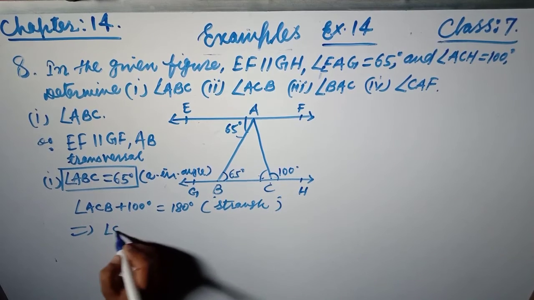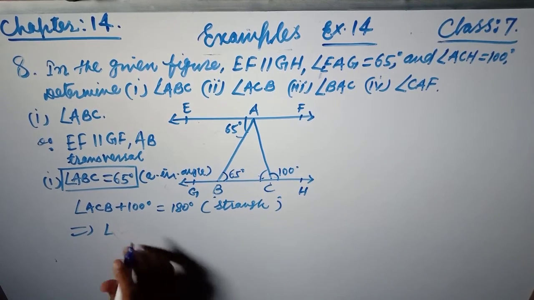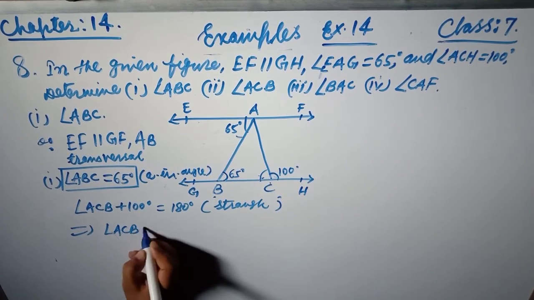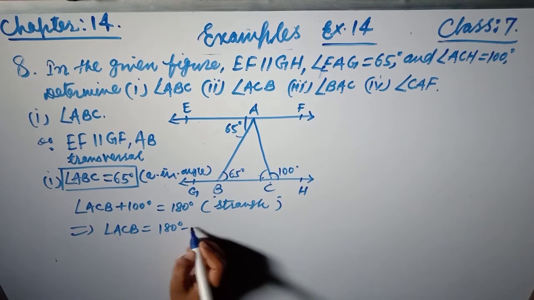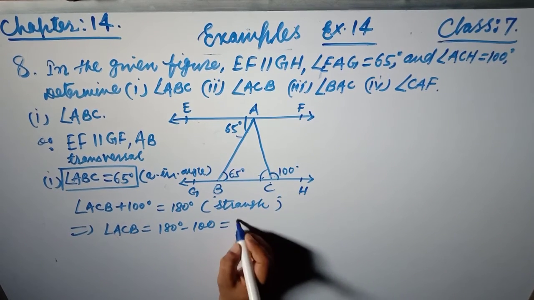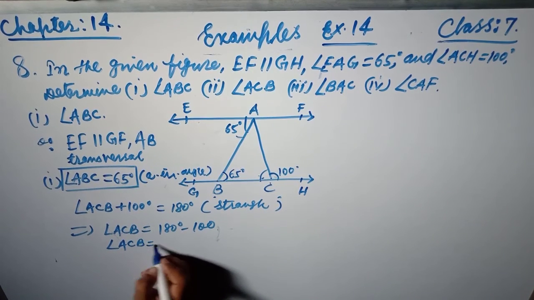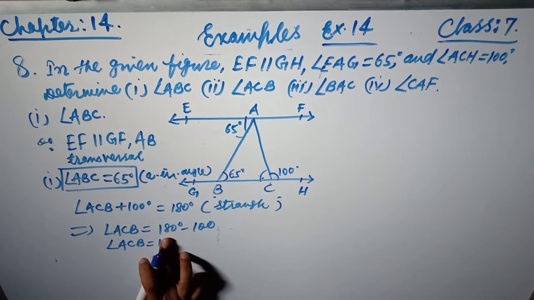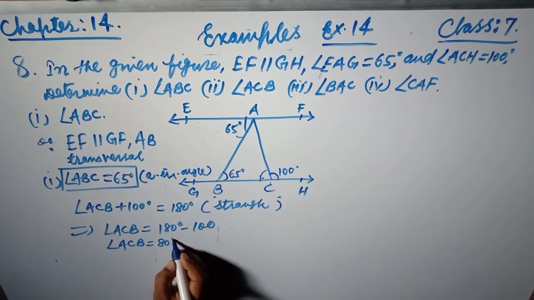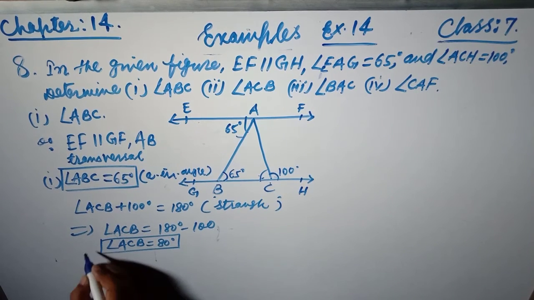So angle ACB is equal to 180 minus 100 degrees, so ACB is 80 degrees. This is the second answer.